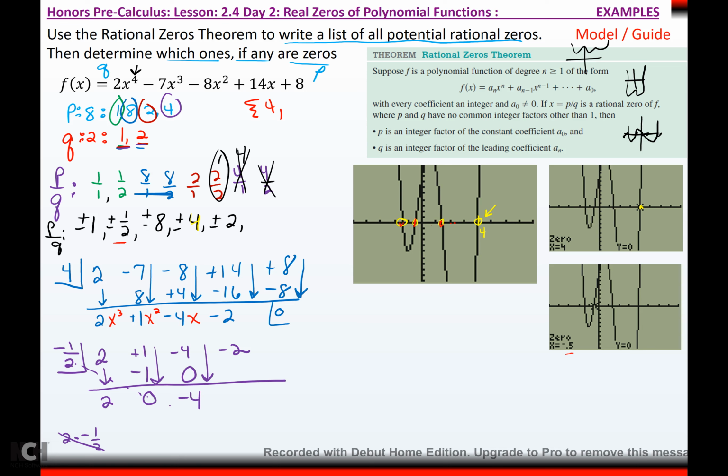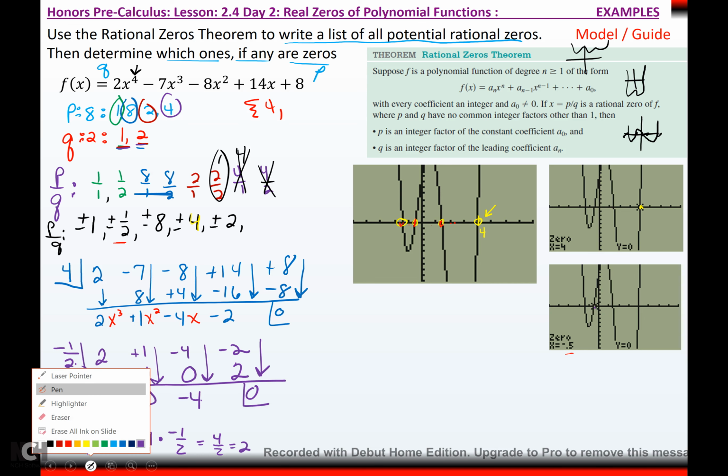Negative 4 multiplies, and if I take negative 4 times negative 1/2, that's positive 4 divided by 2 is 2. She brings 2 back. Negative 2 eats positive 2, and no remainder. Again, that has to be true, or my calculator's lying and it's not really crossing at negative 1/2.